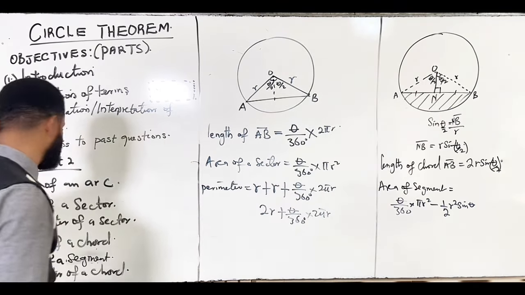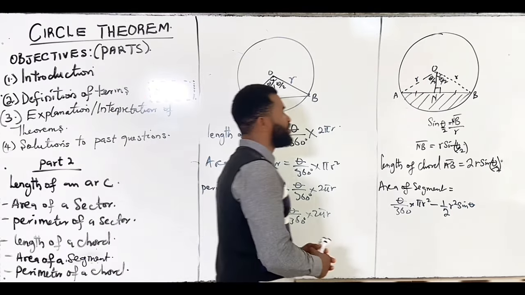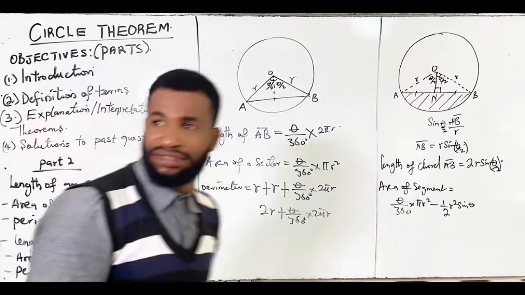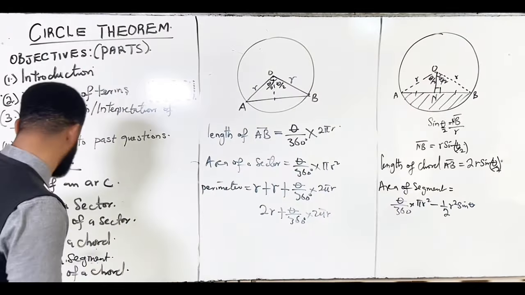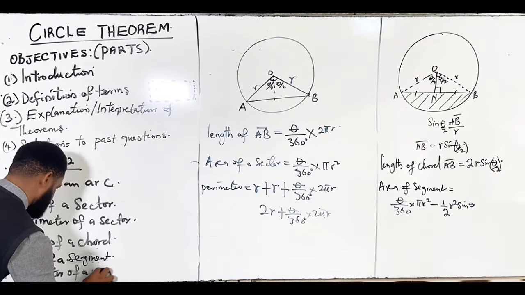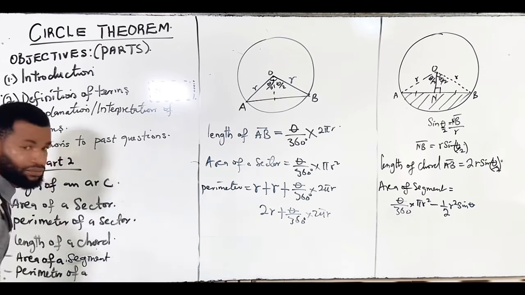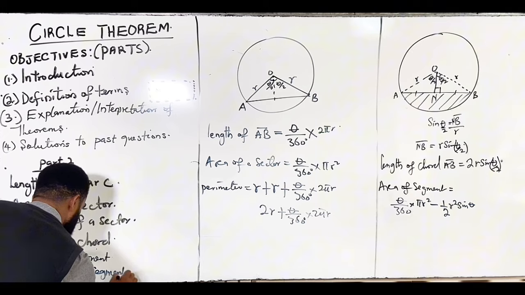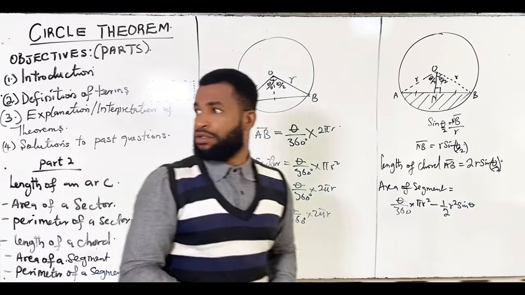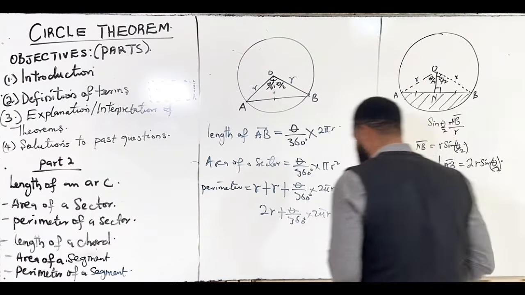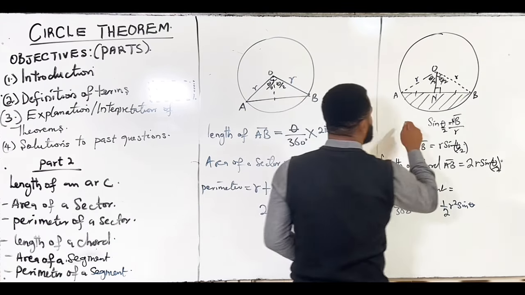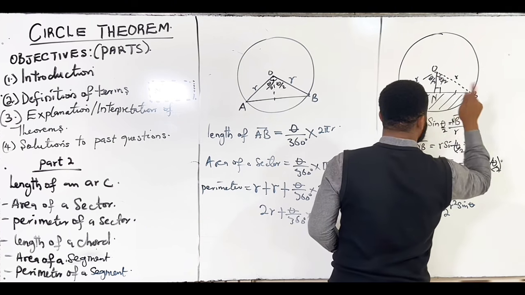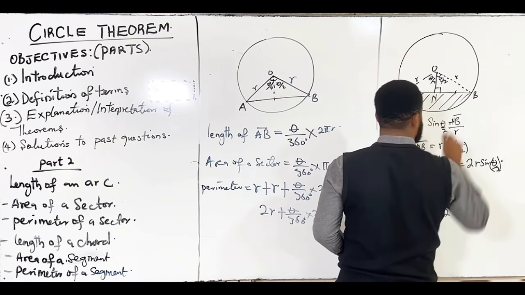Alright, so let's talk about perimeter of a segment. No, it can't be perimeter of a chord, it's still the perimeter of a segment. The perimeter of this segment is going to be AB, plus the length of this arc.